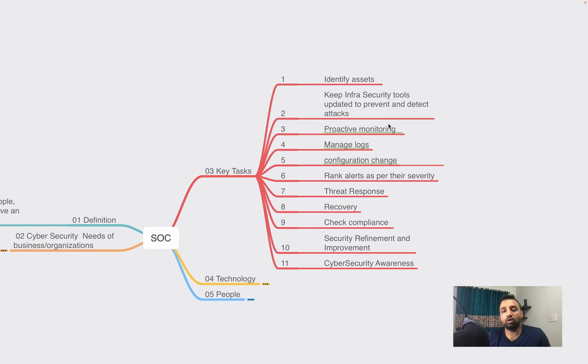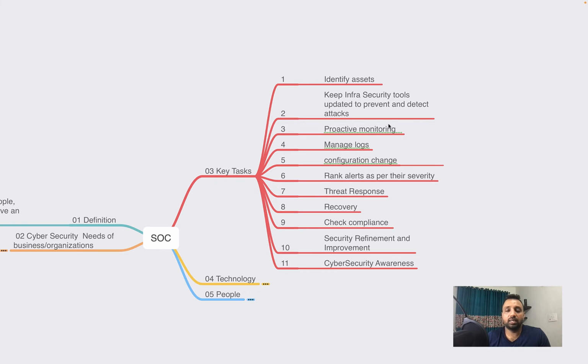Then, of course, they are always doing refinement and improvement of security posture based on the incoming threats. For example, when I started, there was nothing called ransomware. It's a new kind of threat that has appeared in the last 4 or 5 years, and organizations are deploying new kinds of technologies and systems to detect and block these bad activities.